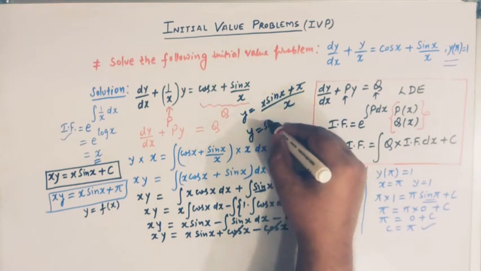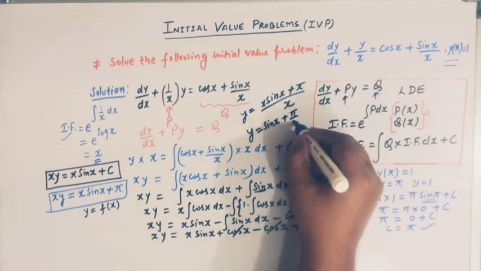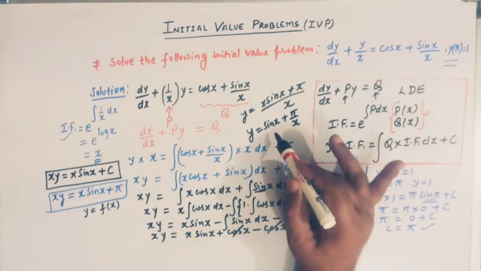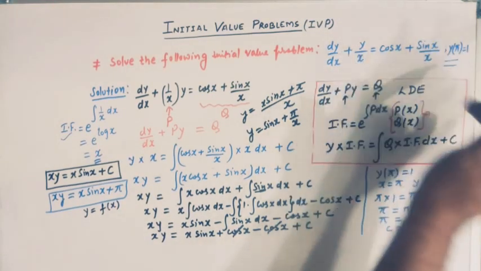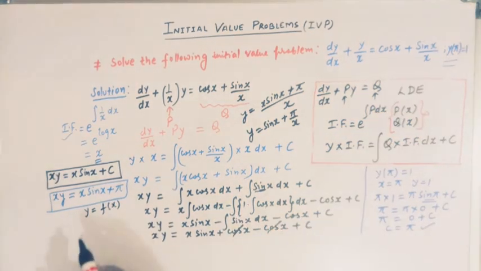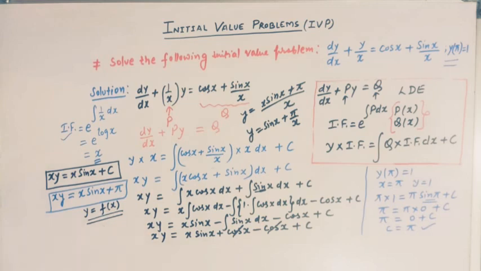So here x and x get cancelled, so we have sine x, and here we'll have pi over x, right? So this is the solution of this differential equation given this condition, and this solution is expressed in the form of y is equal to f of x.